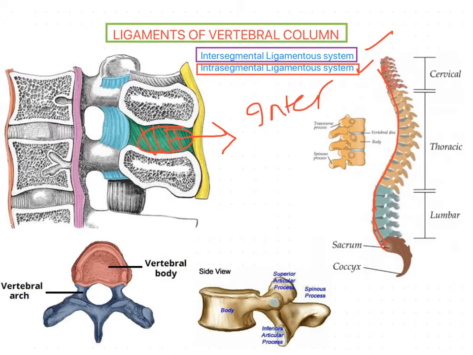The integrity of the intersegmental and intrasegmental ligamentous systems is necessary for the stability of the column in motion or at rest. However, total support of the column requires muscular assistance.